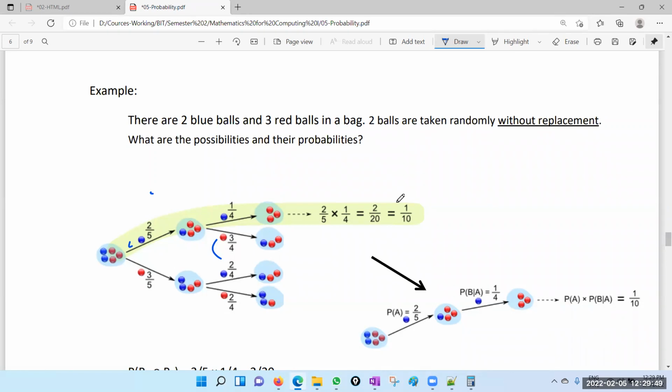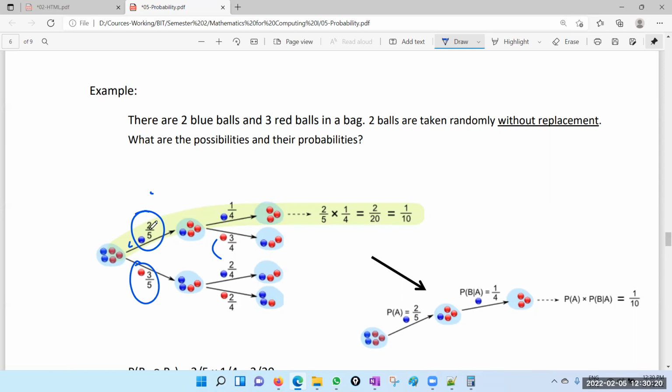So likewise, now we have same possibilities, but they are now conditional probabilities. Right? So obviously the first take becoming a blue ball probability is 2 divided by 5. Probability of getting red ball is 3 divided by 5. So you must not have any issue, because that is your first experiment.